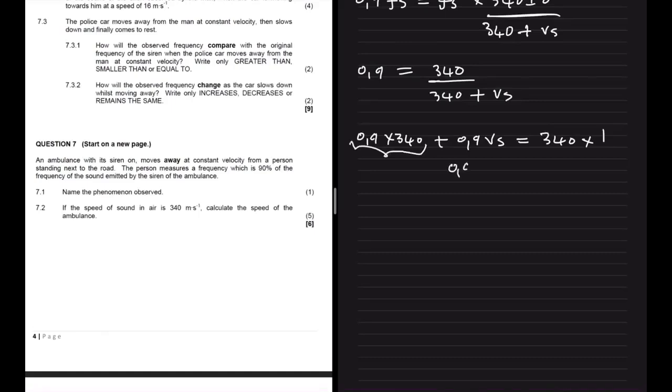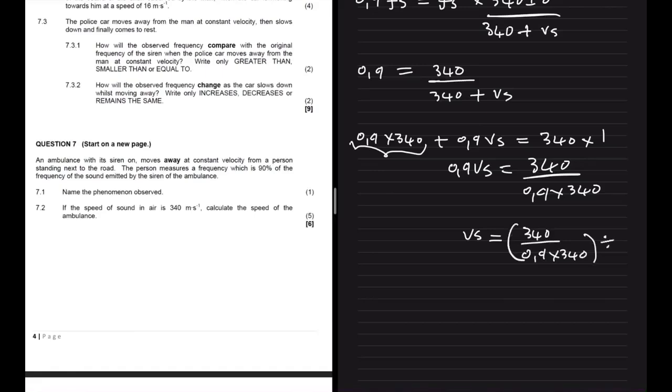So we're going to have 0.9 VS equals 340 minus 0.9 multiplied by 340. Now we divide both sides by 0.9, so VS equals 340 minus 0.9 multiplied by 340, divided by 0.9. Now it's just a matter of putting that in the calculator.